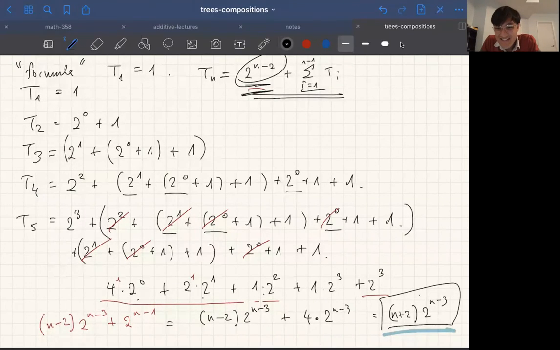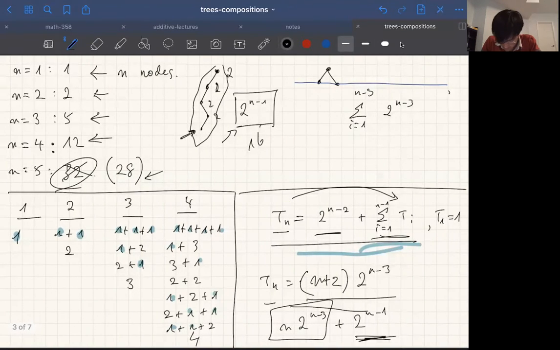It's n plus 2, 2 to the n minus 3. So that's 2 to the n minus 1 plus n times 2 to the n minus 3. So it should be an n up here. N times 2 to the n minus 3.